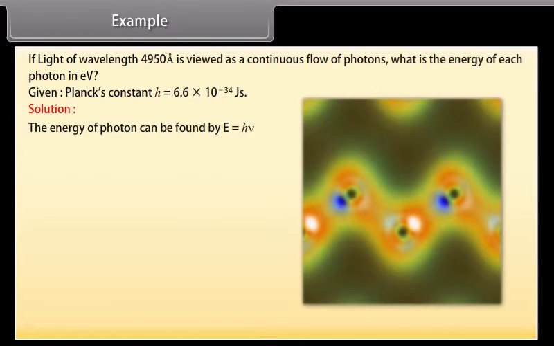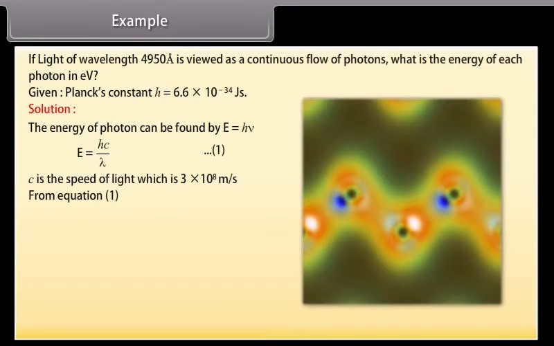Solution. The energy of a photon can be found by E equals hν, so E equals hc/λ. Name it as equation 1. c is the speed of light, which is 3 × 10^8 meter per second. From equation 1, E equals 6.6 × 10^-34 × 3 × 10^8 divided by 4950 × 10^-10 joule.